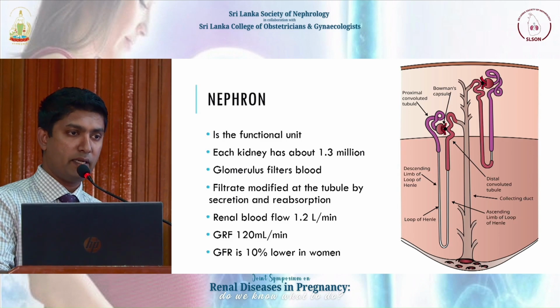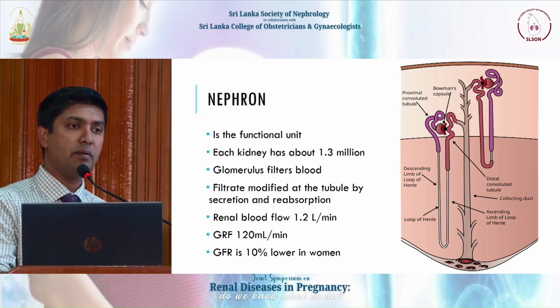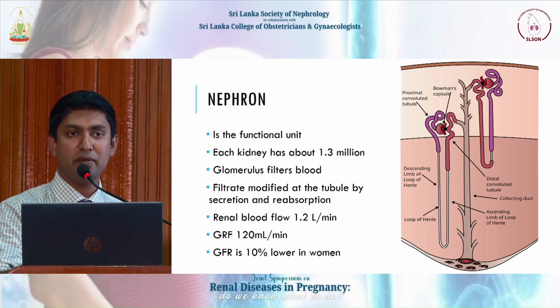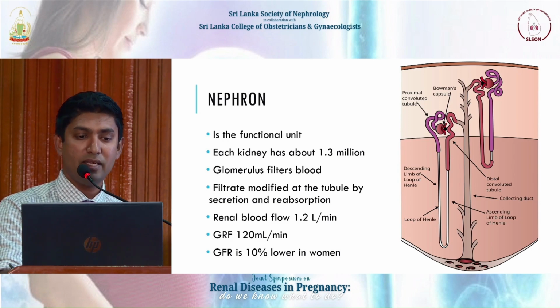There are two main types: juxtamedullary nephrons and cortical nephrons. The juxtamedullary ones are the longer ones with the longer loop of Henle. I am sure we can recall this knowledge from our part 1.